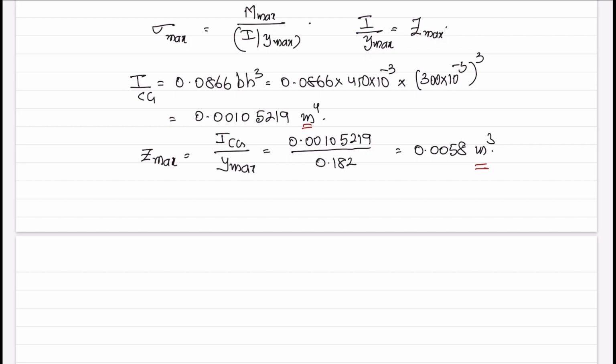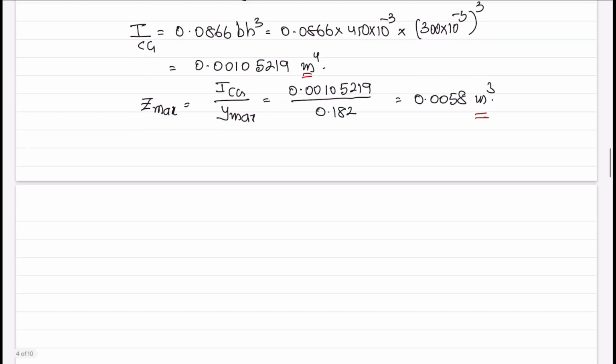Now, what will be the sigma max? Bending moment is in kilonewton meter. Kilonewton is not the SI unit; Newton is the SI unit. When you convert it, what happens? Here now we will write the values.